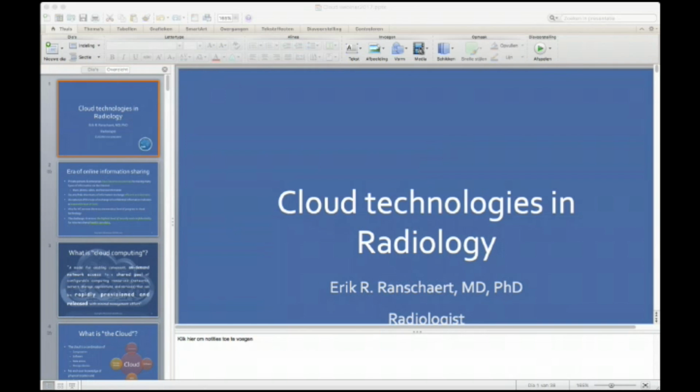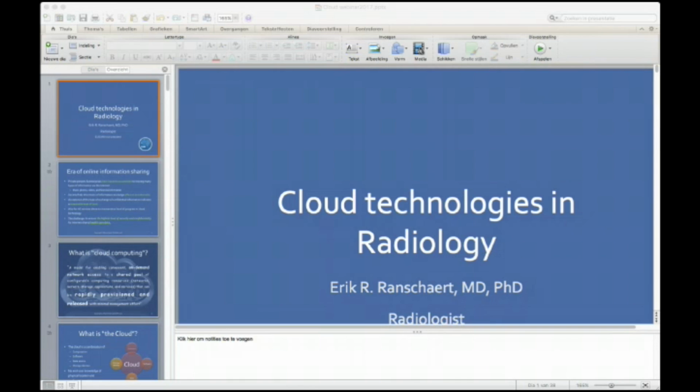For those of you who don't know Erik, he's a Belgian radiologist, worked for quite a few years in the Netherlands, and now is back in Belgium, where he's head of the Department of Radiology in Mol at the Hartzikenhuis. Erik is a gastrointestinal and oncologic radiologist, but above all he has been one of the very early people going digital in radiology, and that's what he's really known for within the European and even American community.